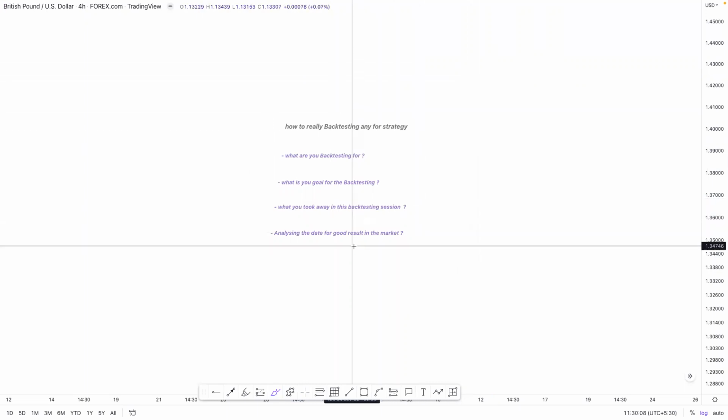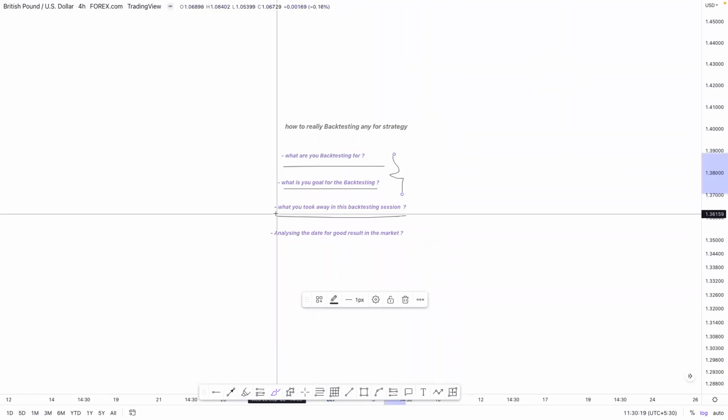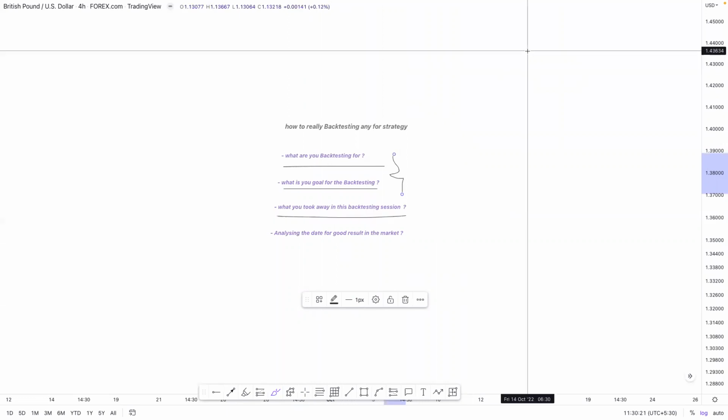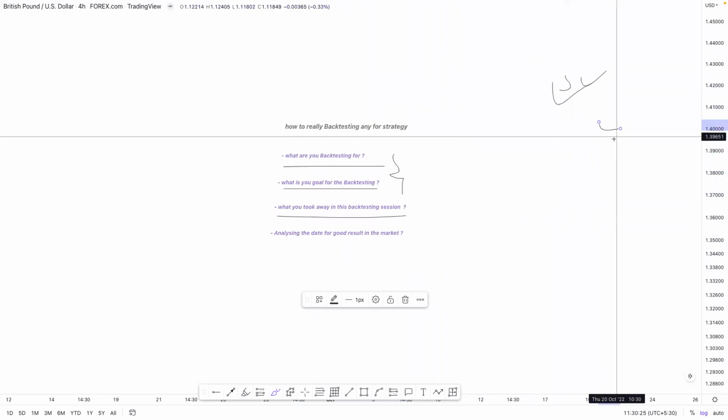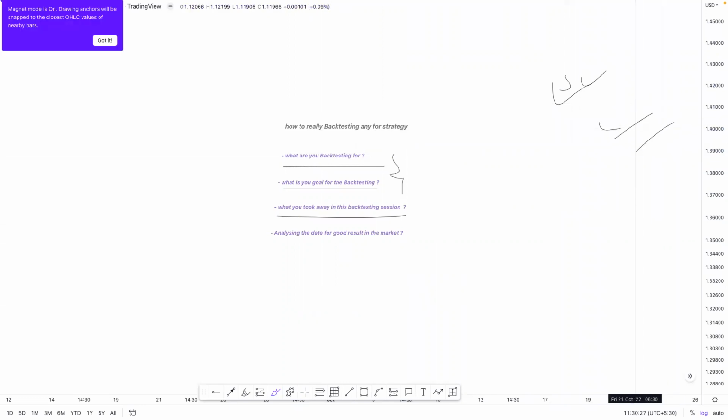So now, once you have performed the goal, once you have done the backtesting session, what did you take from the backtesting session? Some people will backtest for the normal thing, like the strategy stuff, the POI hit, the entry model. We don't have to do that stuff here.